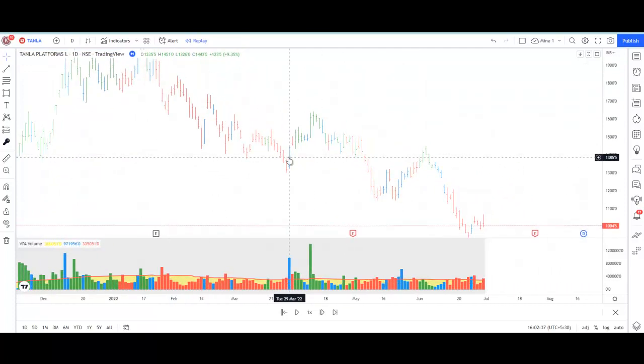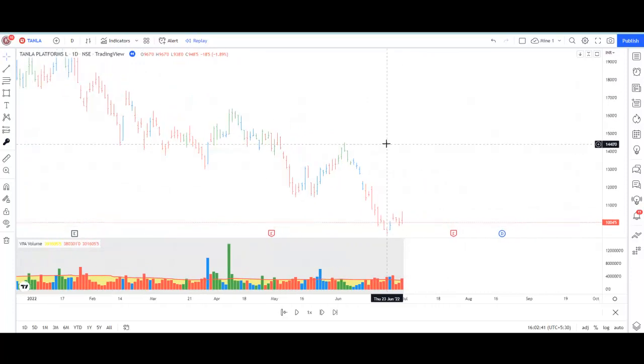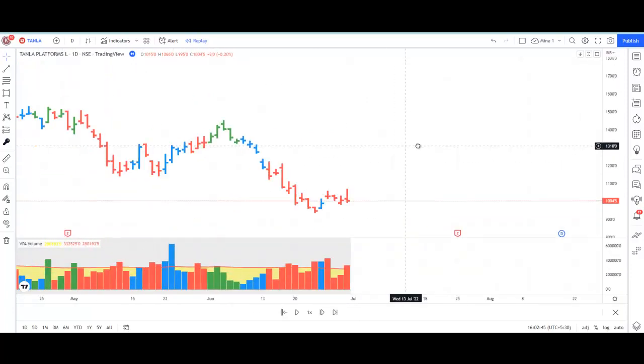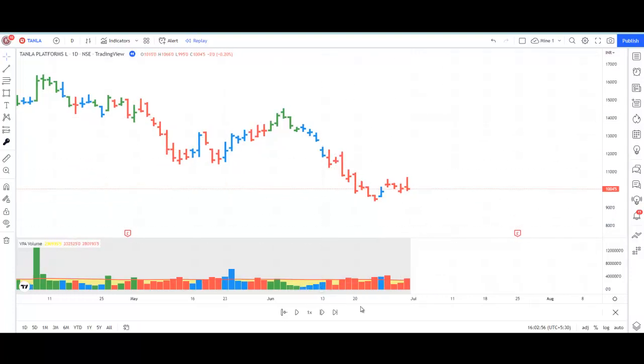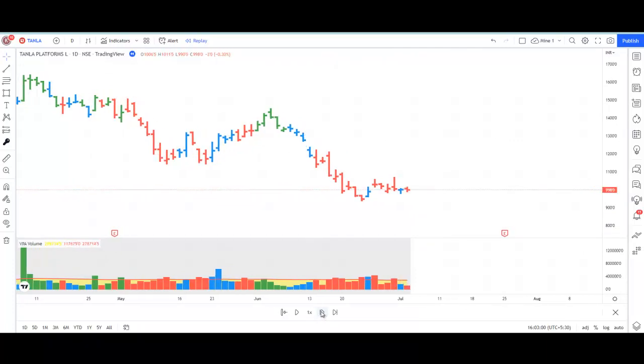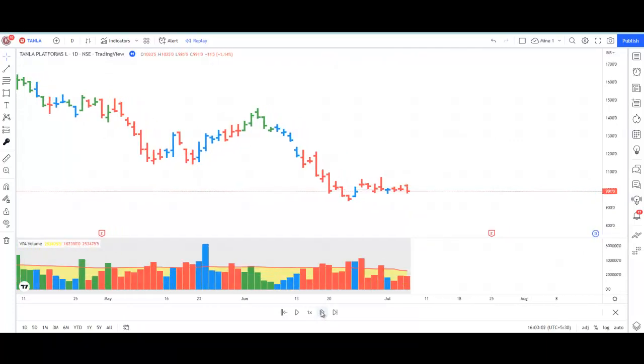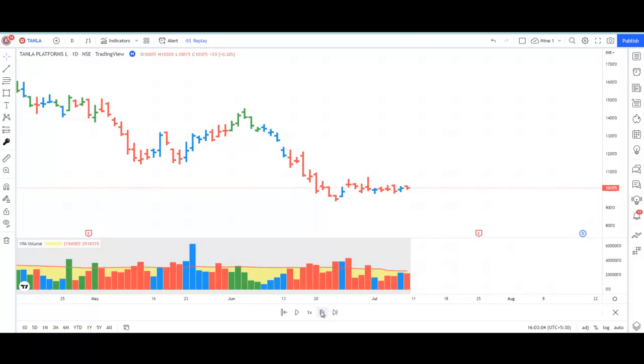So it has been in a downtrend for almost 6 months now. And our chart starts from 30th June 2022. So I will start the replay mode. The prices have been moving sideways.